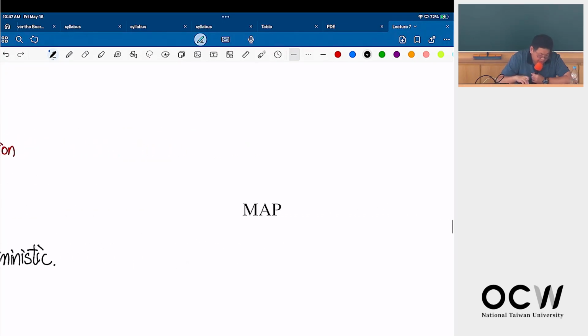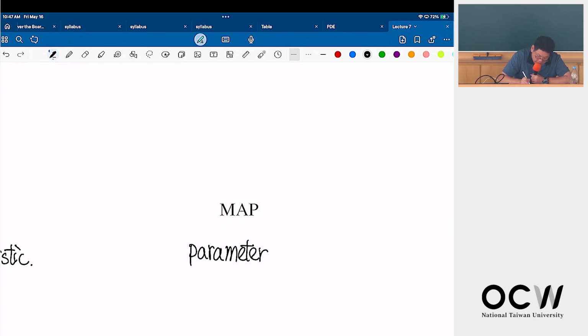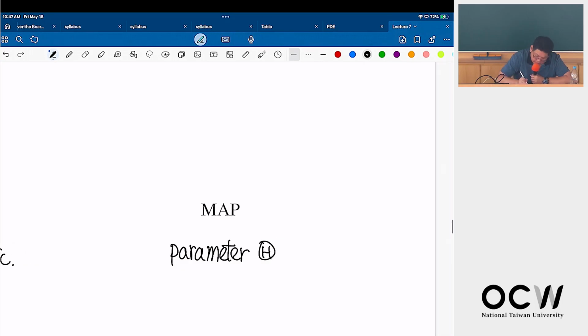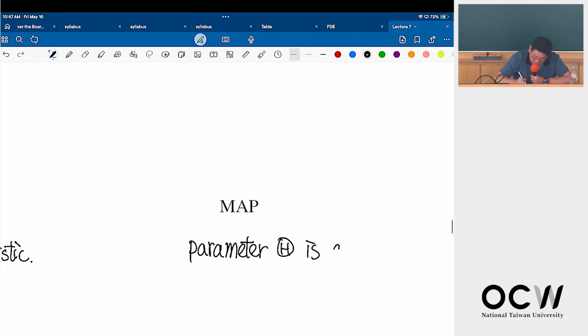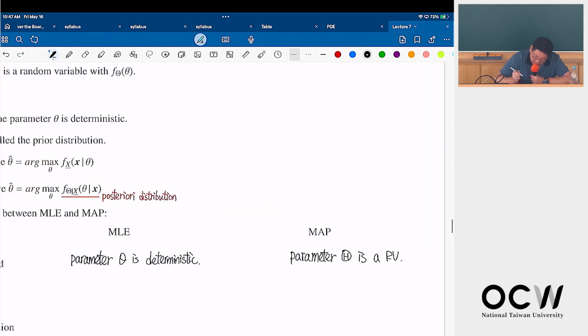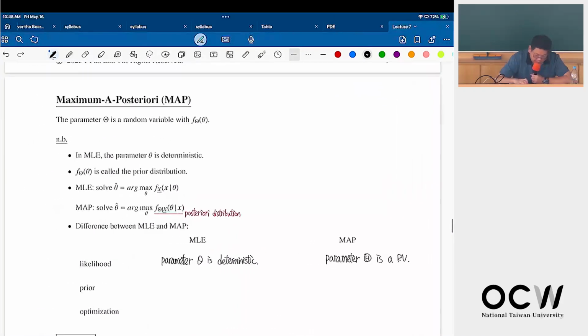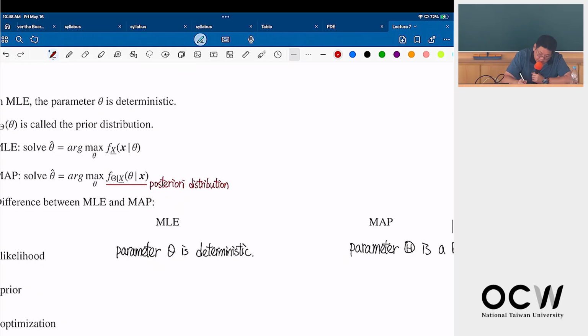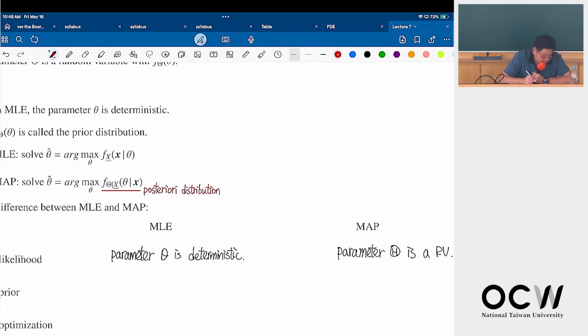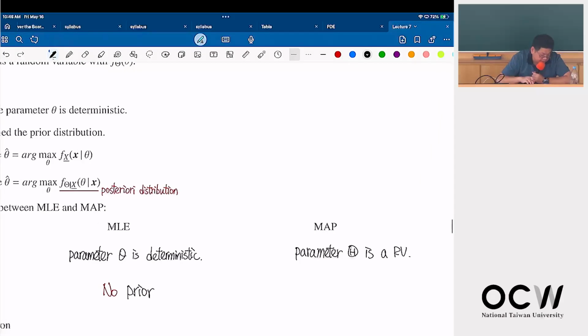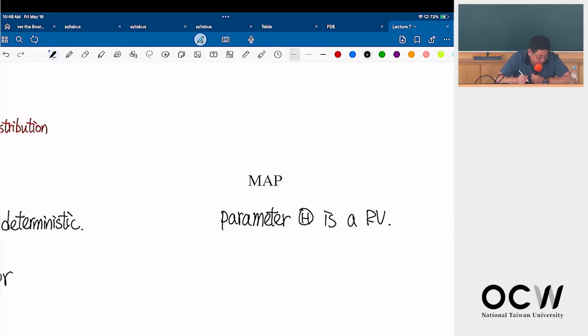But for the MAP, the parameter is a random variable. For the maximum likelihood we don't have a prior, because theta is deterministic. But for the MAP, we have the distribution.